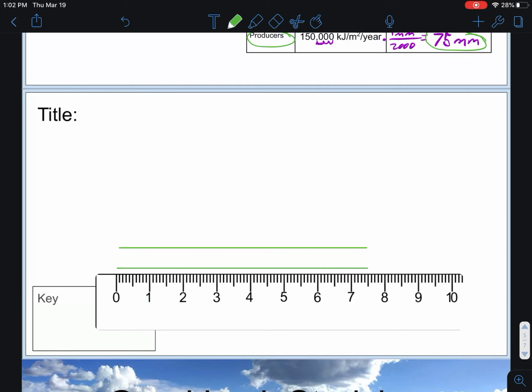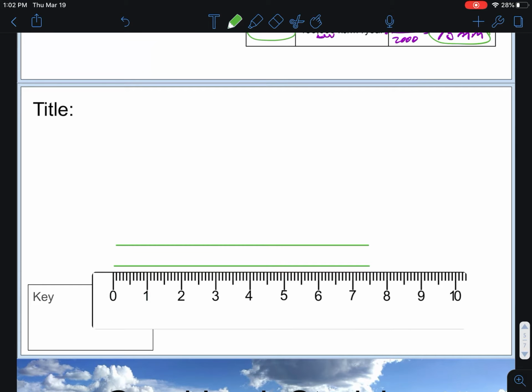That is a little off. Oh well. If you have a real ruler in front of you, this will be a lot prettier than my digital version. But it's good enough.